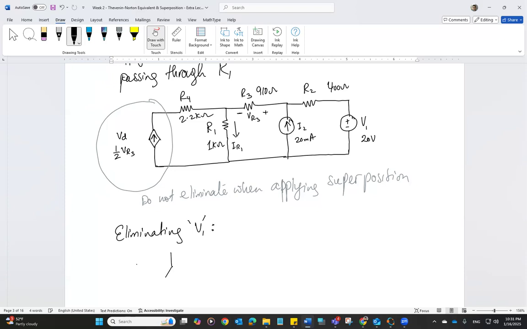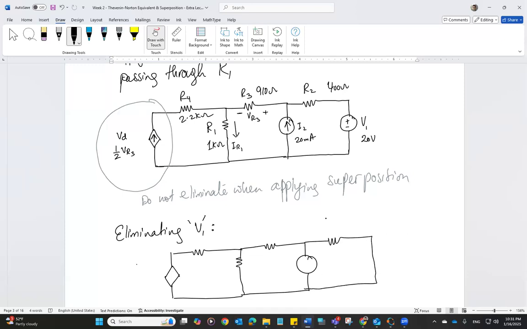So our circuit is going to be R2, R3, VR3, I2, R1, R4, and it should not be VD, sorry, it should be ID as the current source.